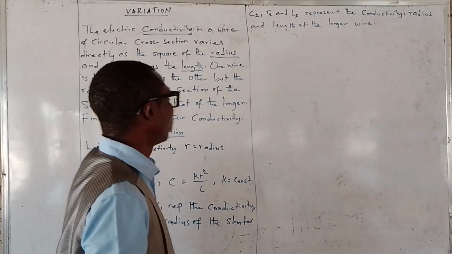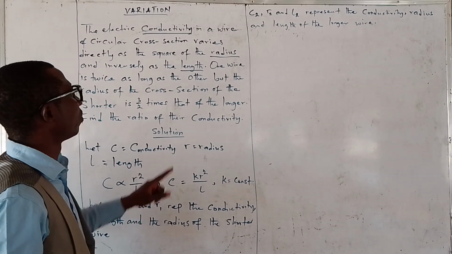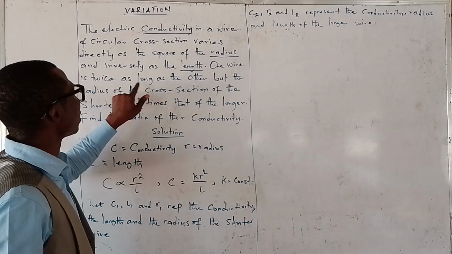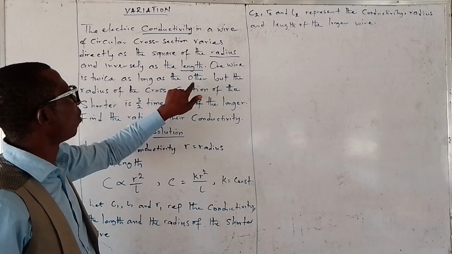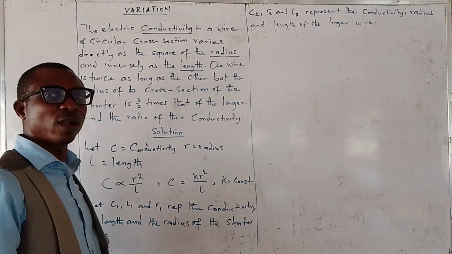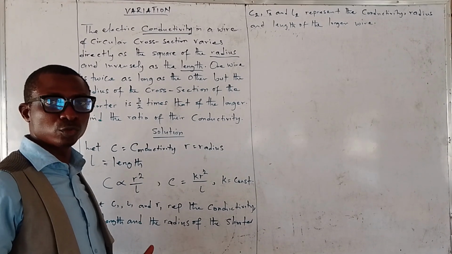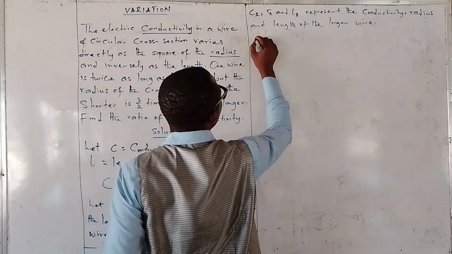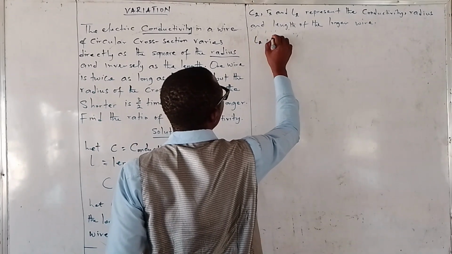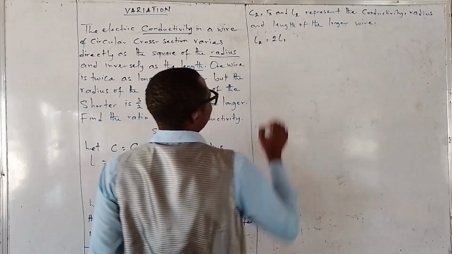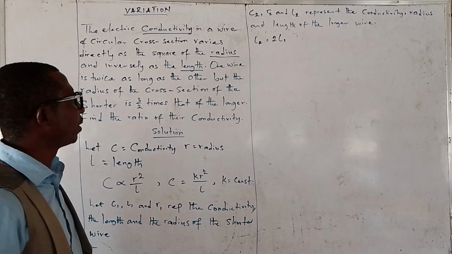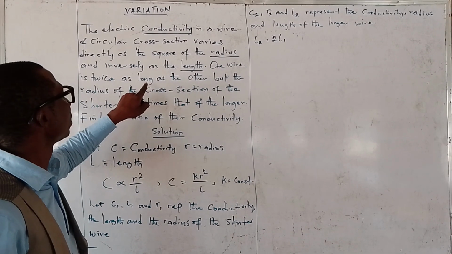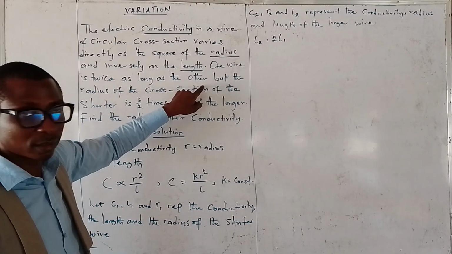Okay, so now let's move to the question. One wire is twice as long as the other wire. So that means the longer wire is twice the shorter wire, so L2 will be equal to 2L1.